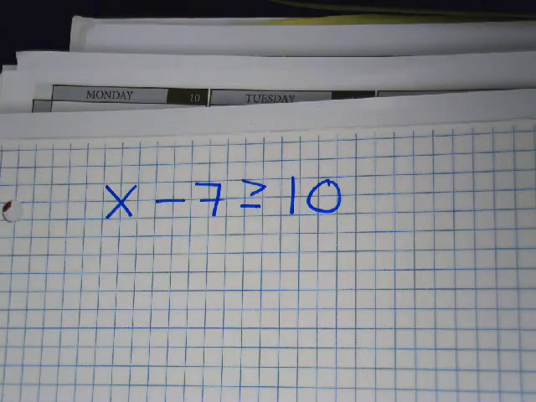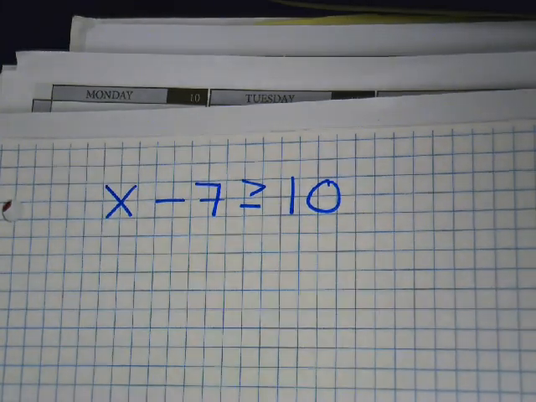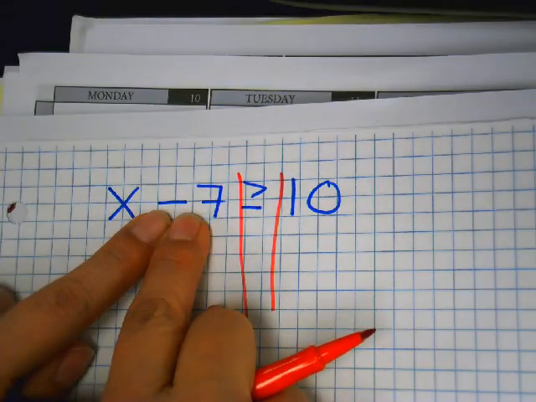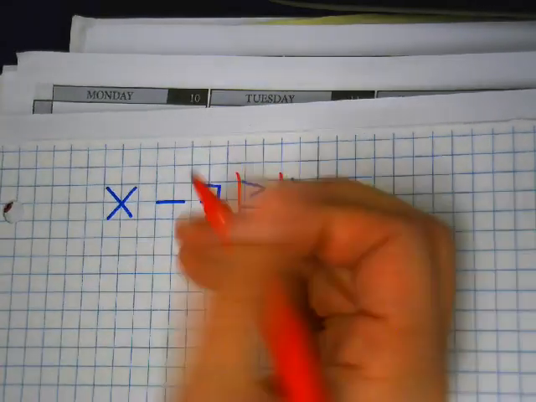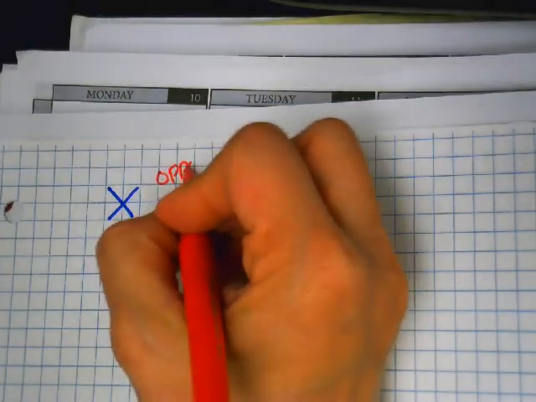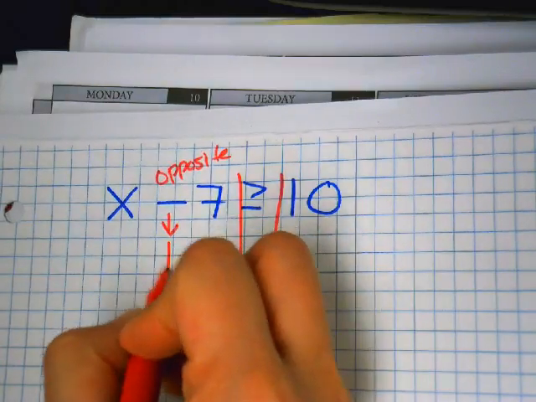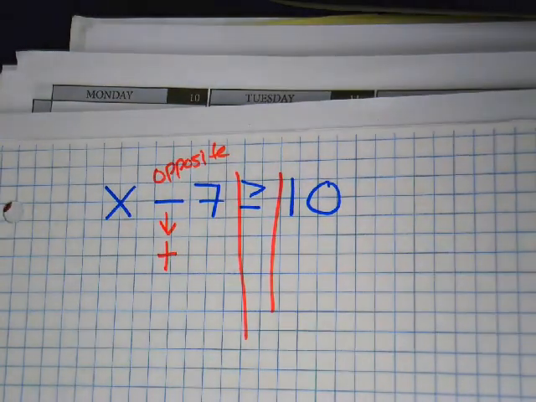Very good. So here we start with subtraction. So what's your opposite? What are you going to do? Addition. So we're going to draw our bars. So you look at what they give you. They gave me subtraction. I'm going to do the opposite. What's the opposite of subtraction? Addition. What number am I going to use?